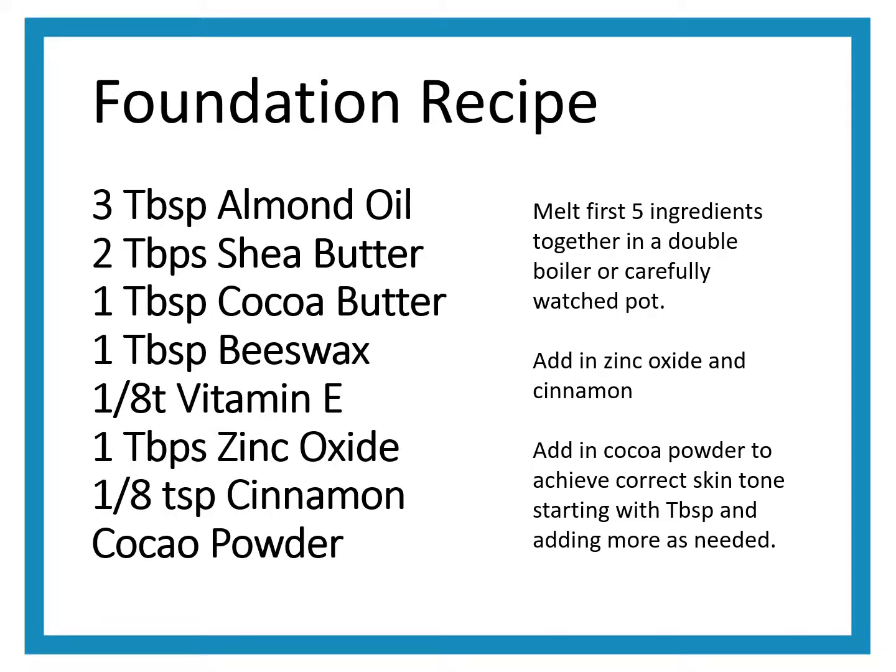And then you add cocoa powder. You could start with half a tablespoon to a tablespoon, and then you can add more as needed until you get the tone that matches your skin. That's why I gave you the card at the beginning. This is sometimes helpful in that process if you can compare what you're making to that skin tone.